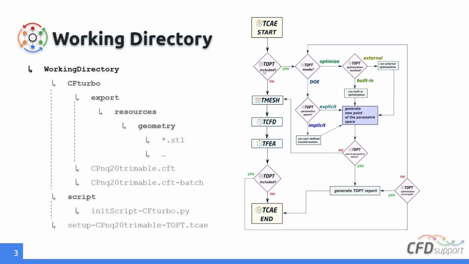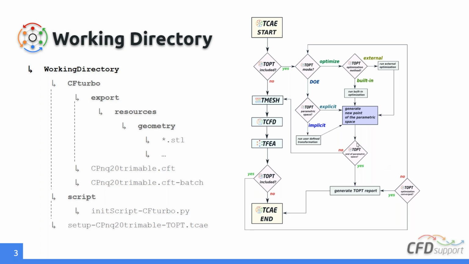In case of TOpt, we have a loop of this process, and it depends on which optimization algorithm we use, but basically, based on the given algorithm, we get from the optimization loop a new point from the parametric space each run, and then we can run the loop, and we do it until some convergence is reached, or we did all the simulations which were explicitly preset.